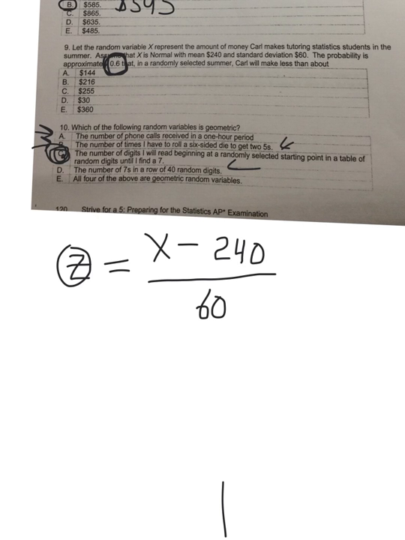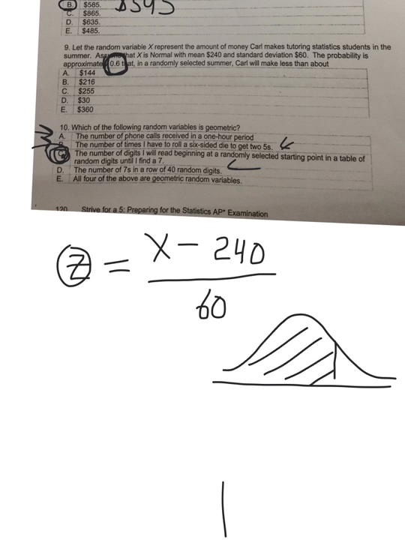Basically, 60% of our graph, right? We want to know where is 60% of our graph. How many standard deviations above the average are we when we have 60% of that? That's what that's saying. So we do inverse norm. I'm going to do that. And it says it's at about 0.253, about a quarter of a standard deviation above the middle.